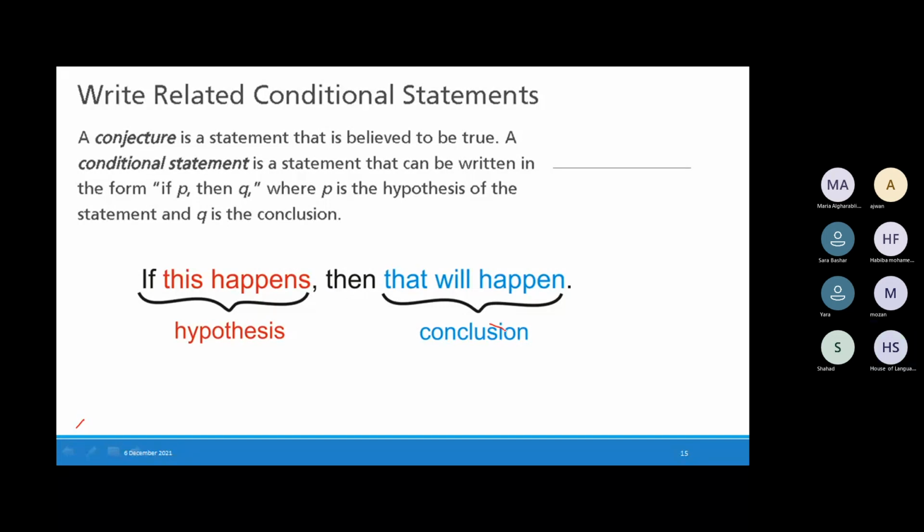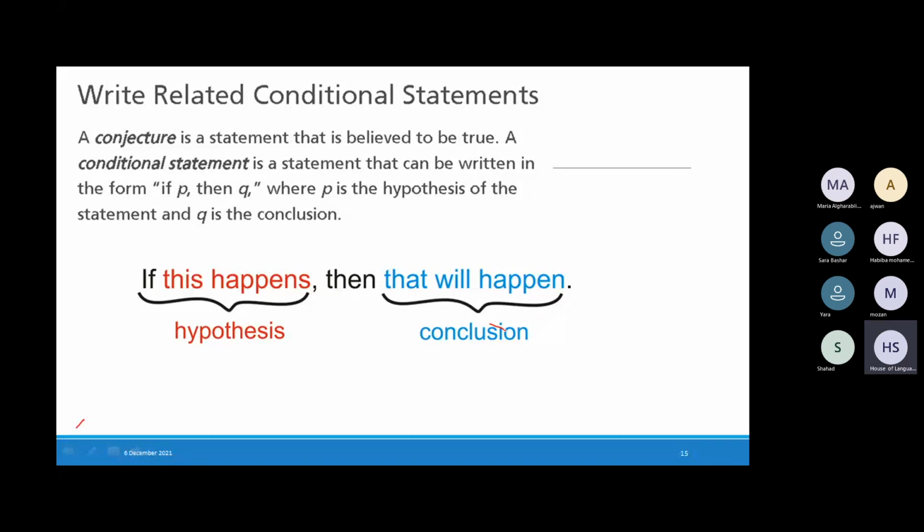Hypothesis, what does it mean? The theory, you can say, or the statement, or the cause. This is the conclusion, that will happen, the result. That's why it's written as P, and Q is the conclusion. Just wait, we will talk about it later.